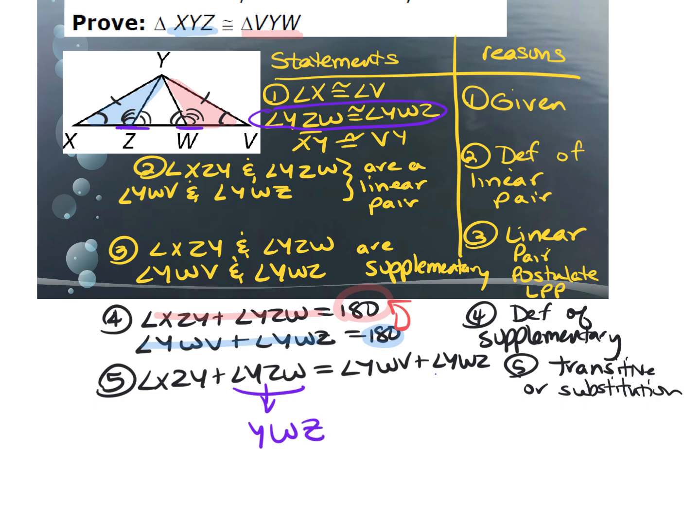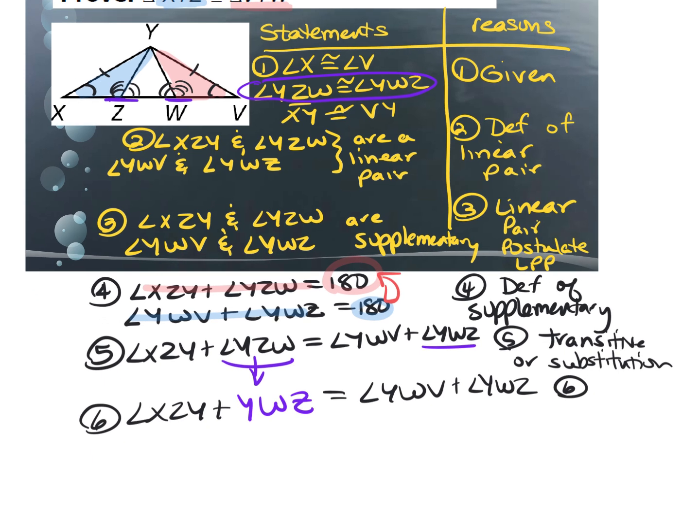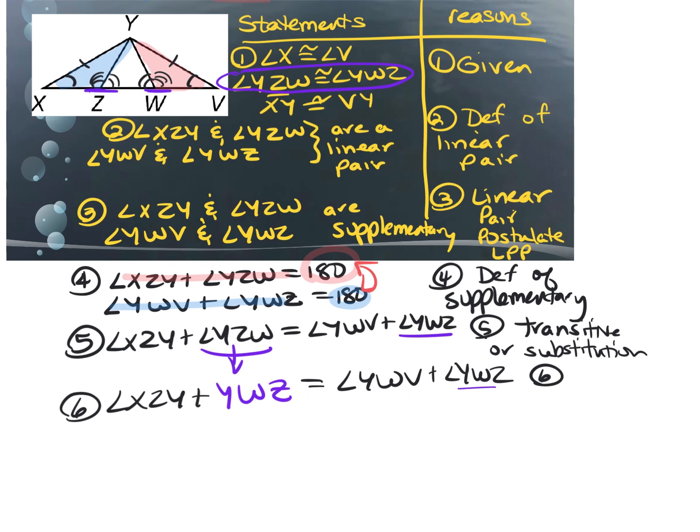Because what I'm going to establish is that it's on both sides of my equation. So I'm going to substitute just that one angle. And this side I'm just rewriting. And this is a substitution. It can't be transitive. So all I did was take out that one angle and replace it with my given. So this is substitution.